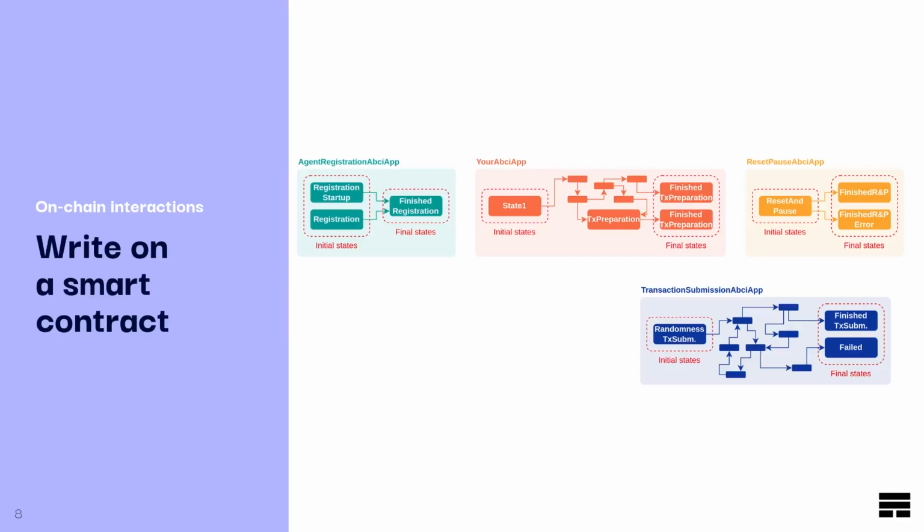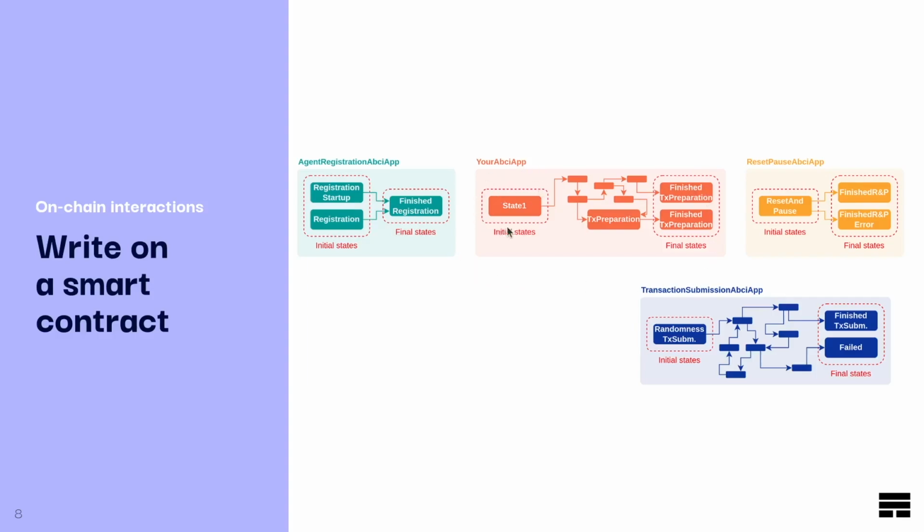So in order to show this more graphically, this diagram represents a template for services. We usually have on services this initial agent registration ABCI app. This comes with the framework. The reset and pause, which also comes with the framework, and the transaction submission ABCI app. What you program for your service, the business logic, usually comes here in the middle.